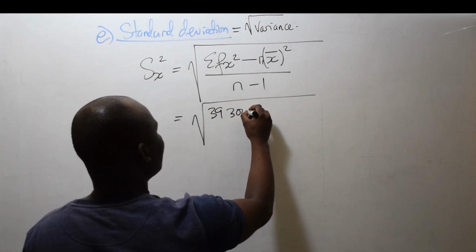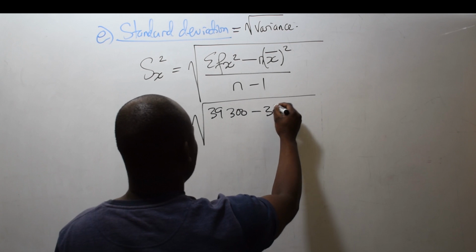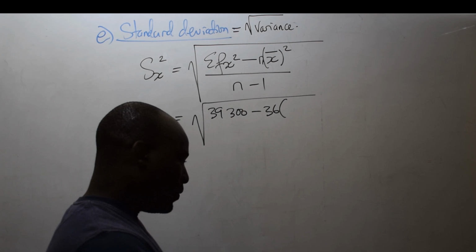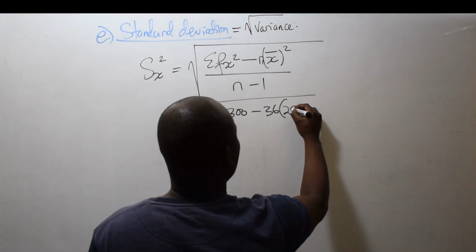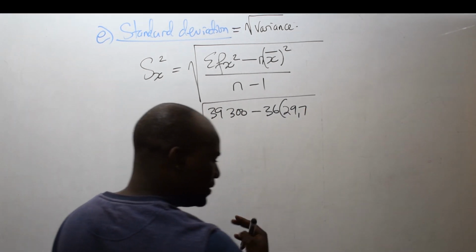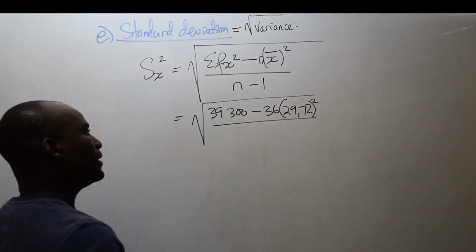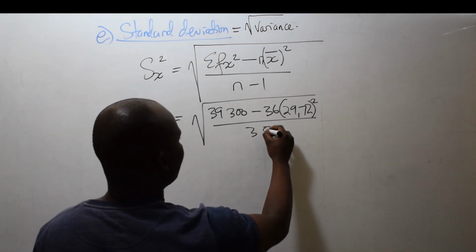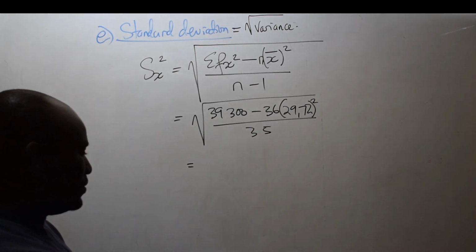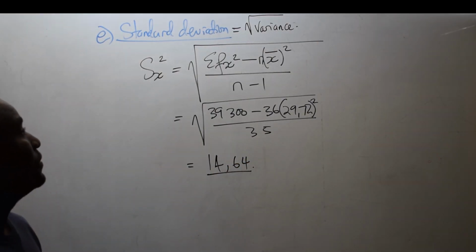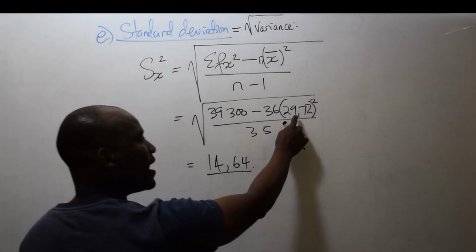This is 39,300 minus 36 was our observations, and our average was 29.72. So we're going to square this, and then we divide by 36 minus 1, that's 35. So that's our standard deviation, and it means that we are moving about 14.64 minutes away from the average of 29.72.